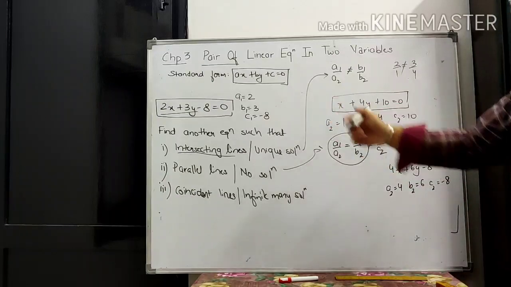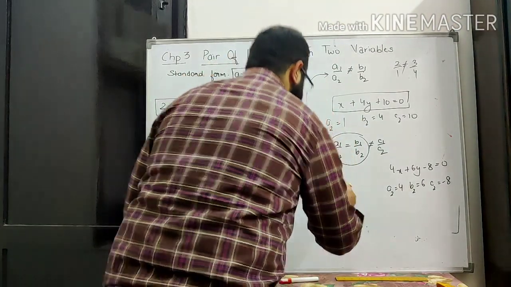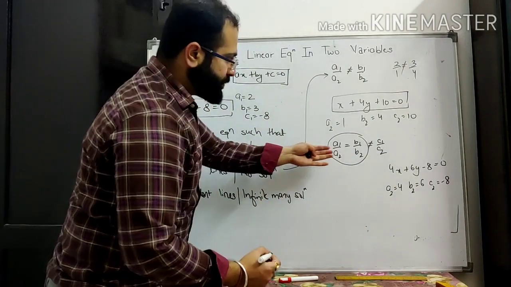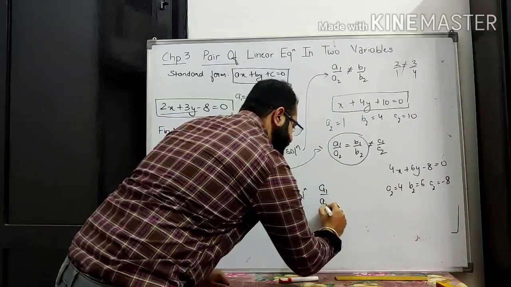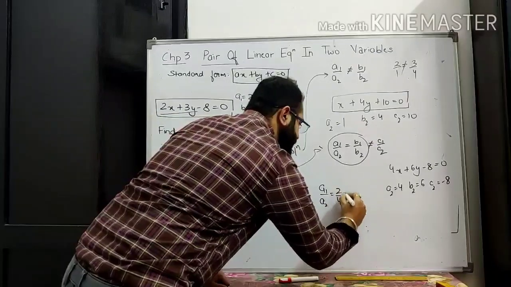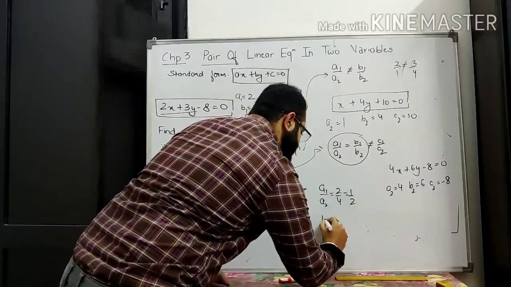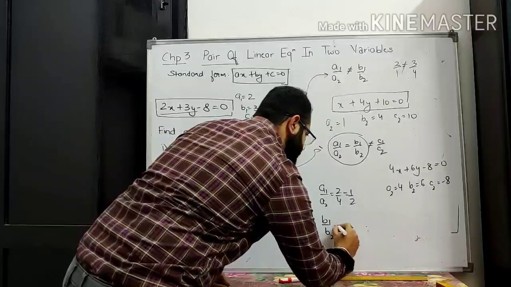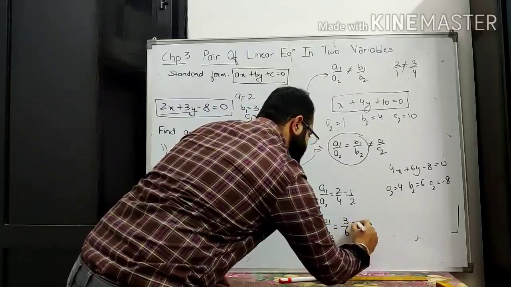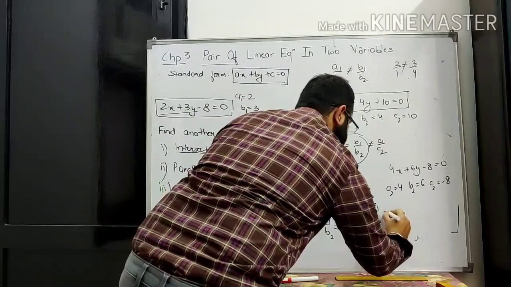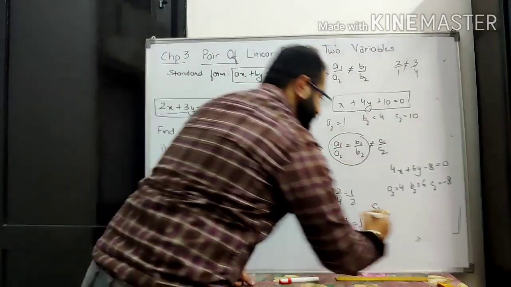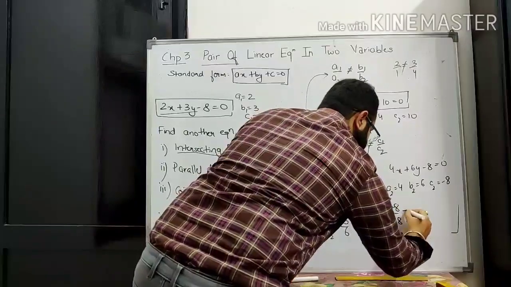So now again comparing, substituting the values: a1 by a2, 2 by 4, is 1 by 2. b1 by b2, 3 by 6, is 1 by 2. c1 by c2, minus 8 by minus 8, is 1.